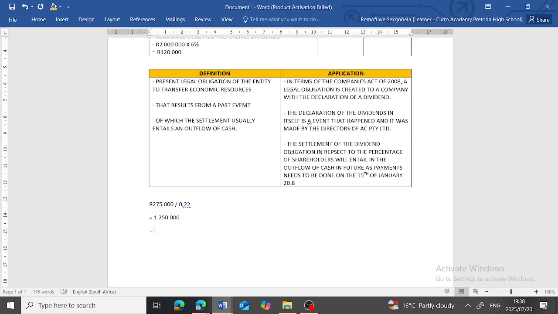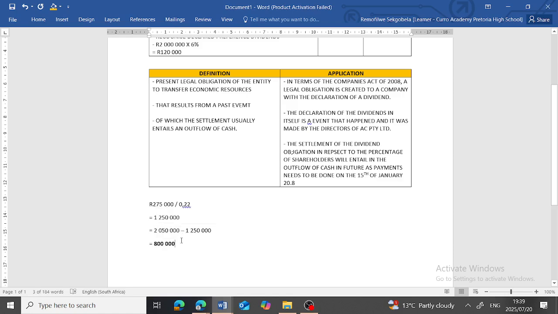So what are we going to do? We're going to say 2,050,000 shares, which is at the end, minus what we initially had at the beginning of the year, which is 1,250,000, which gives us a figure of 800,000 shares. So these 800,000 shares were issued during the year, because this was at the beginning and this was at the end.